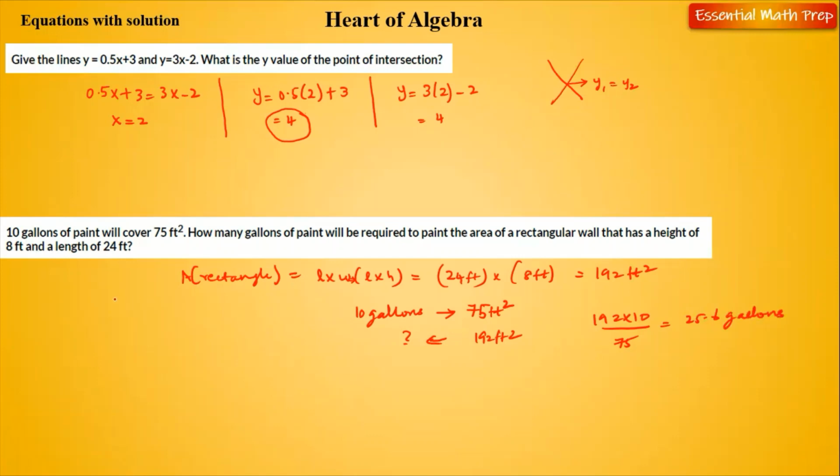If you're unsure if you did the math right, then you can do something else. We know 10 gallons can paint 75 feet squared. So how much can 1 gallon paint? That will be 7.5 feet squared.